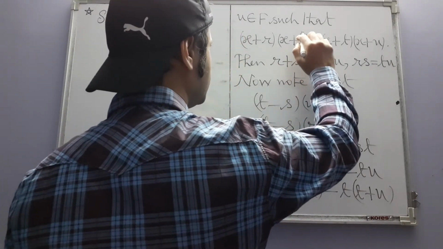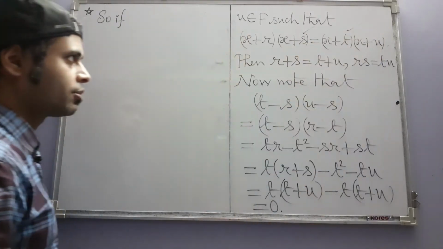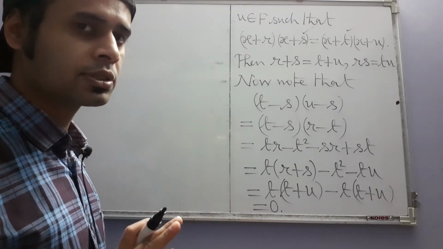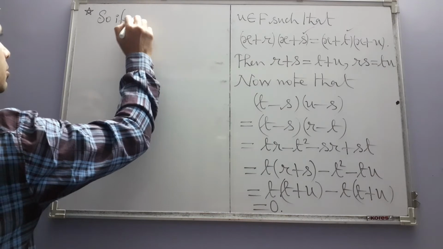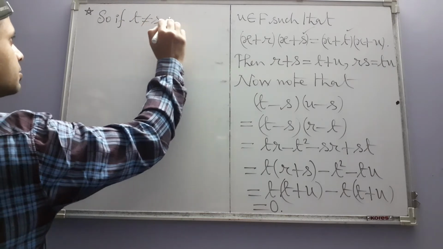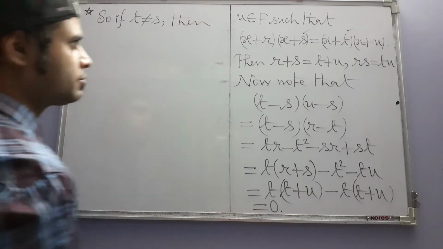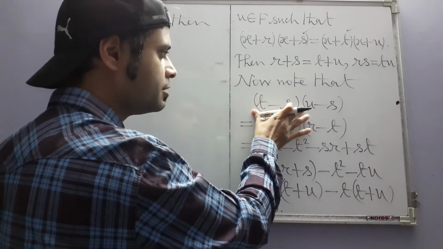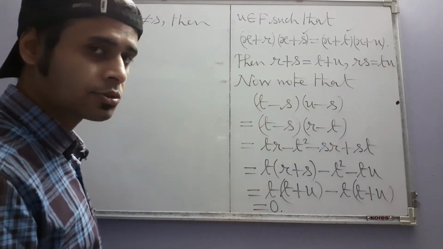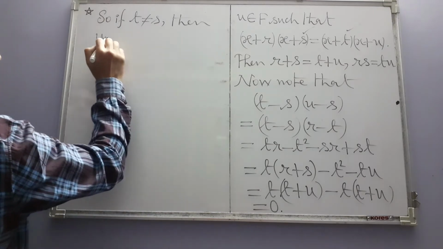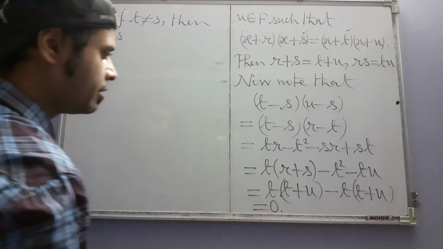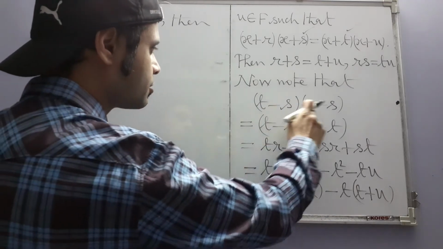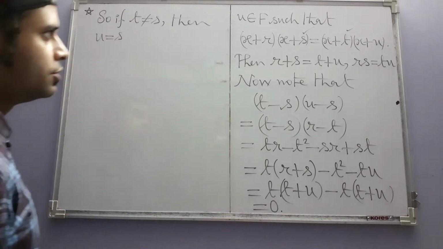But now if you assume that T is not equal to S, in order to make your two counts different, then what will happen? If T is not equal to S, then this factor is non-zero, but then this factor has to be equal to 0, because we are in a field after all. A field is an integral domain, zero divisors do not exist, so this should be equal to 0. So U is equal to S.